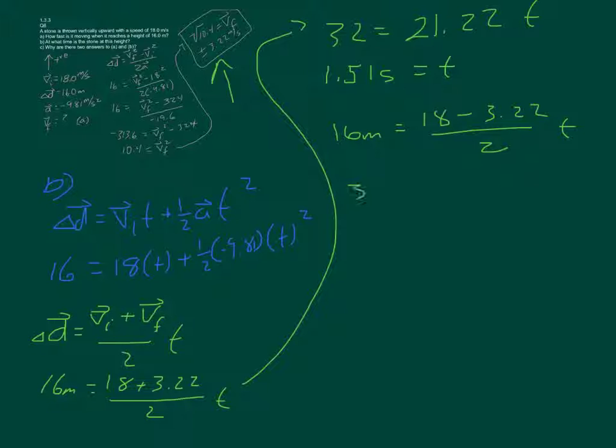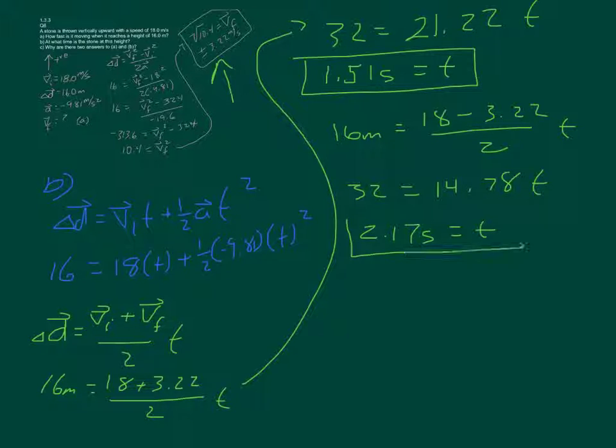We would have got 32 equals 18 minus 3.22, 14.78 t. So 32 divided by 14.78, 2.17. So 2.17 seconds equals t. So we have two answers, 1.5 seconds and 2.17 seconds.